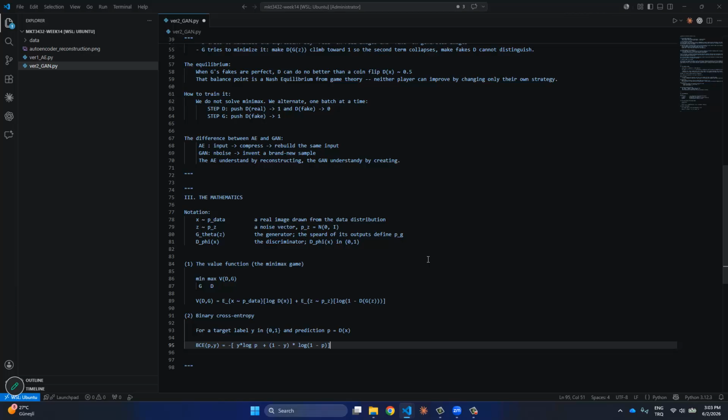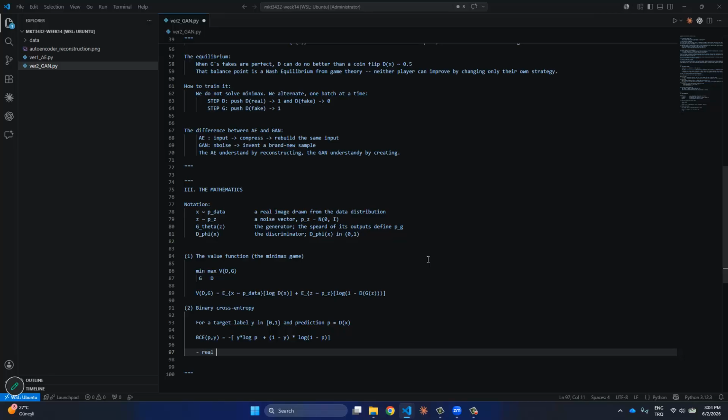This is the binary cross entropy function. It looks like the binary classification problem that we have also processed in the previous lessons. And so, for the real image, y is equal to 1, and the BCE is equal to the log value of D(x).